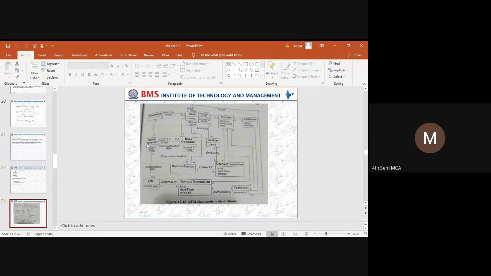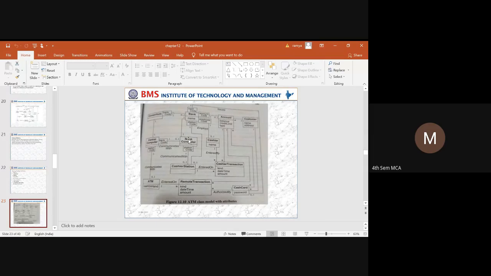Next, we have a central computer. This central computer communicates with the ATM station. This central computer has a station code and a bank code. When a customer is making a transaction with respect to a particular ATM station, it will refer to the station code, and with respect to that station code, it will refer to a bank code, and through that bank code, it will go to the bank computer.